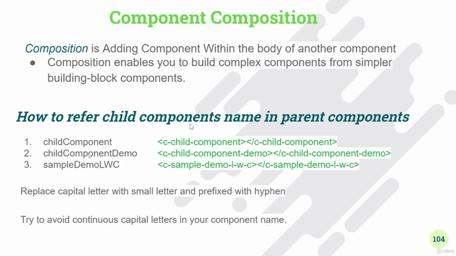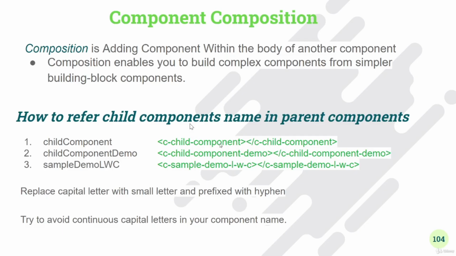If you have two capital letters like childComponentDemo, it converts into child-component-demo. And if you have continuous capital letters like LWC, you hyphenate each letter and convert each into lowercase. This is how we refer to the component inside the parent component where you are embedding it.